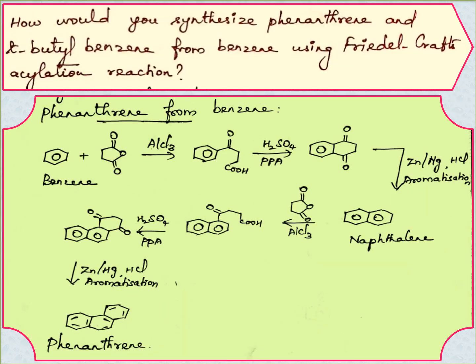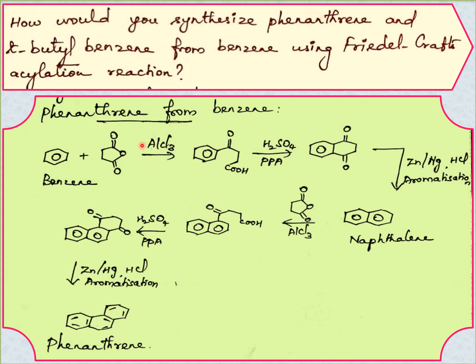Next, let us see how we can synthesize phenanthrene and tertiary butyl benzene from benzene through Friedel-Crafts acylation. Benzene is treated with an anhydride. This is an aliphatic succinic anhydride. It can be used as an acylating agent.